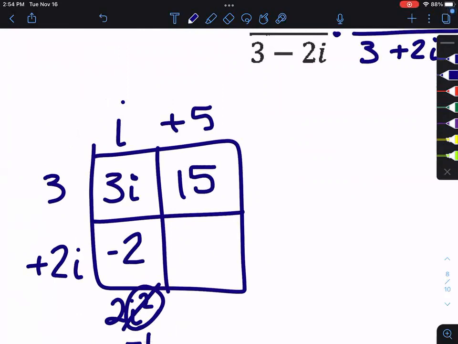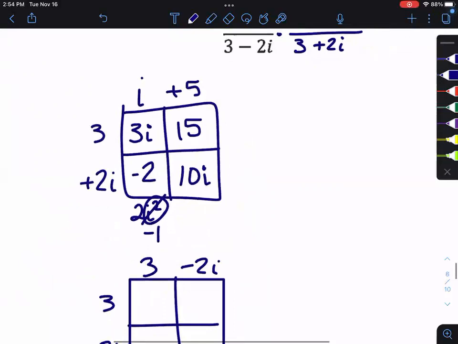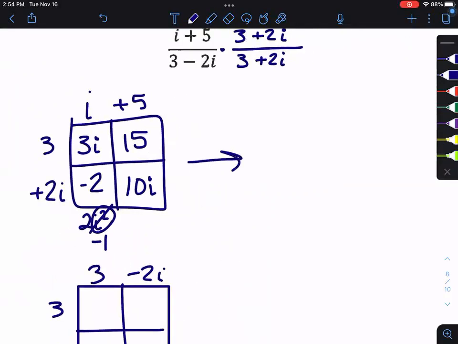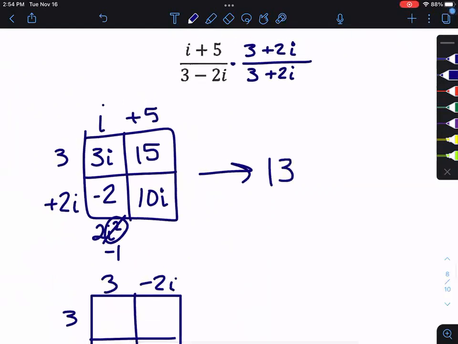My bottom right box, 5 times 2i is 10i. So for my numerator, I'm going to have 15 minus 2, which is 13. And then 3i plus 10i, 13i.